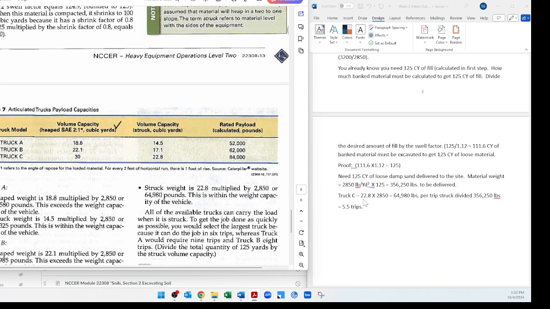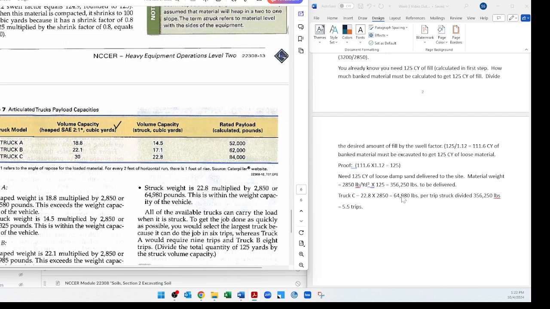So truck C has 22.8 cubic yards struck right here. So multiply that times 2,850, and we get 64,980 pounds. We can do that because we're under the rated capacity.